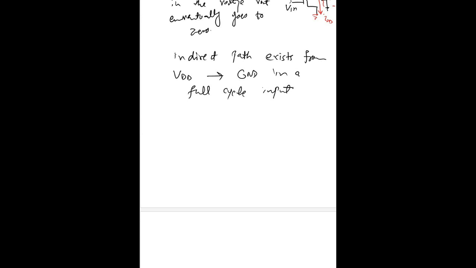Current flows to the capacitor, and then when our input goes high, the capacitor discharges to the ground. So there is an indirect path, the current flows from VDD to ground.